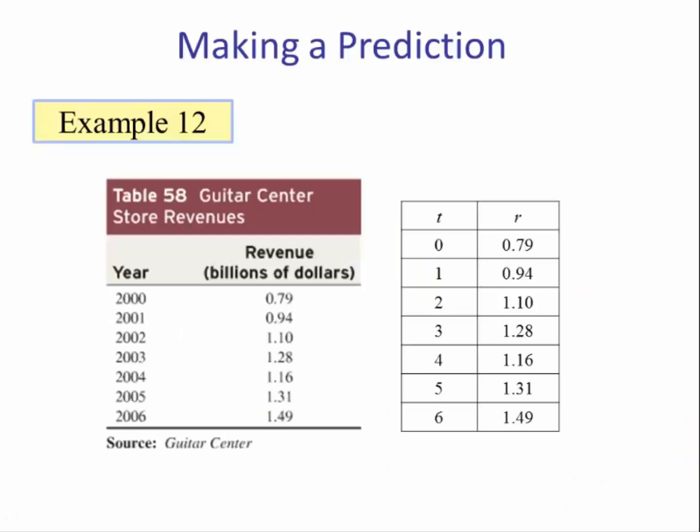So our first step, our new independent variable is t, the number of years since 2000. The revenue would be r, so we need to put t in list 1 and r in list 2 in our graphing calculator.